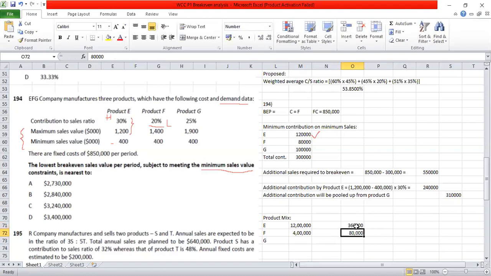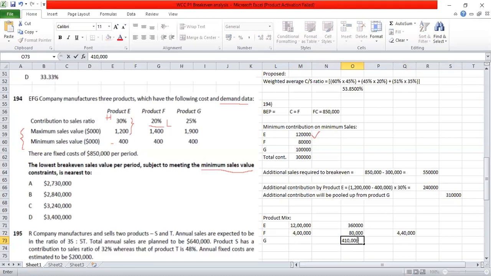The rest of that, 360 plus 80, or 440. Is that so? So the additional contribution of how much more? 410 will be contributed by G. So G will contribute additional 410.